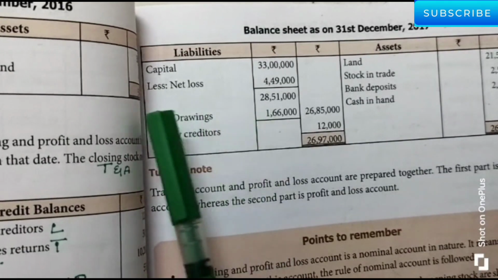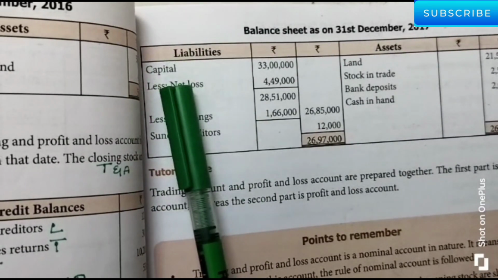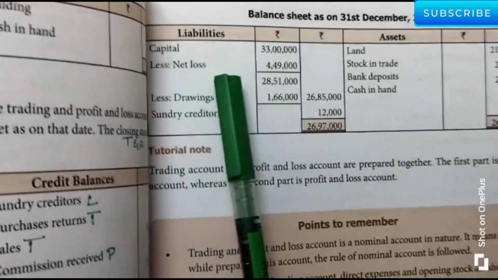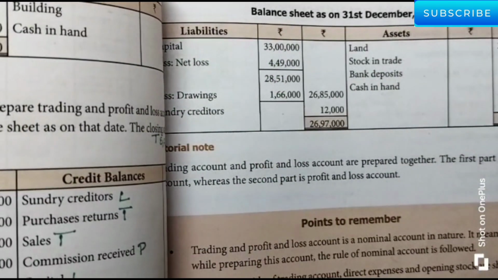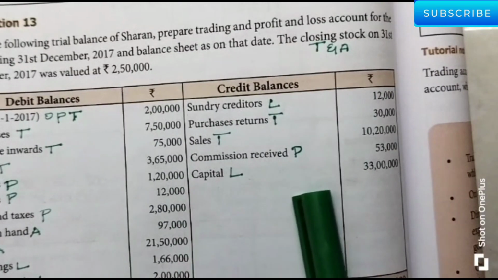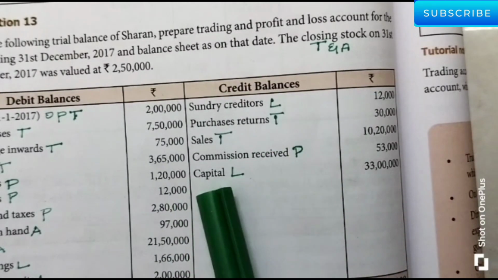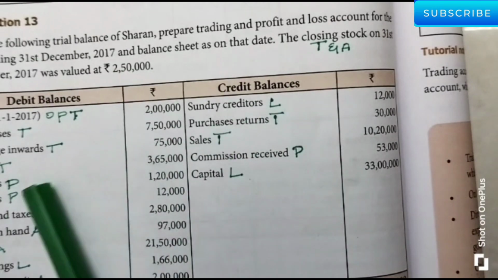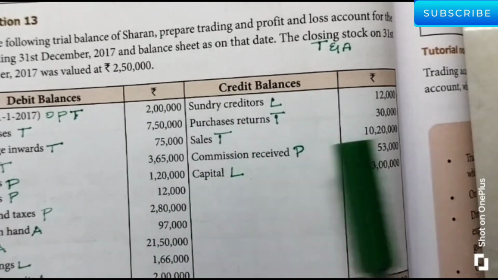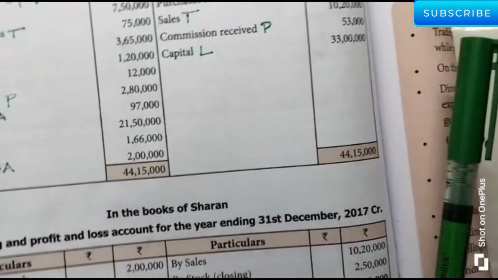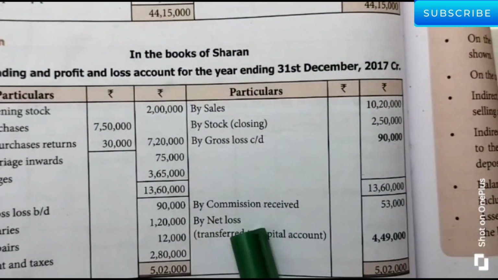On the liability side you always start with capital. What's the value of capital? Capital 33 lakhs. If they have given any adjustment related to capital, yes we have, because we found the net loss.